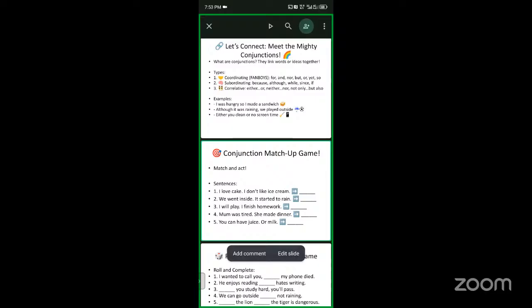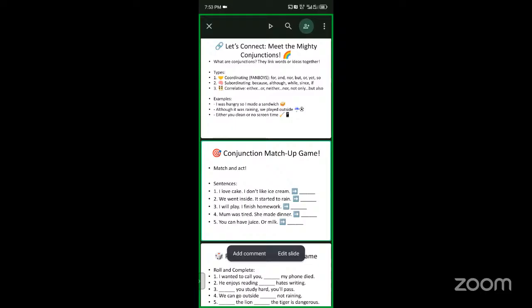But there's something that should come before juice. You can have orange juice or milk. It's meant to be a conjunction.